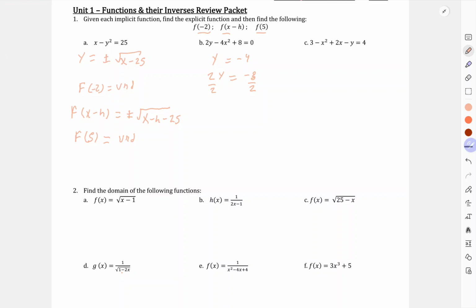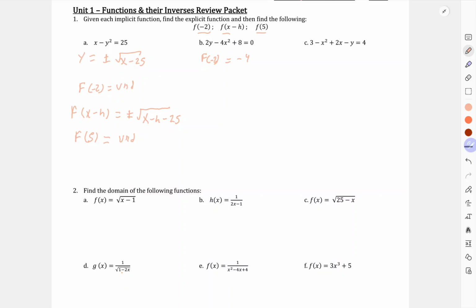That's awkward. Okay, so essentially this is just negative 4, right? And this is what this is: f of negative 2 equals negative 4, right? And what else might you say?